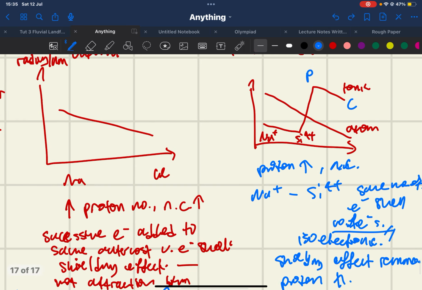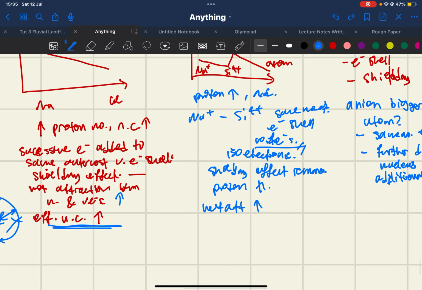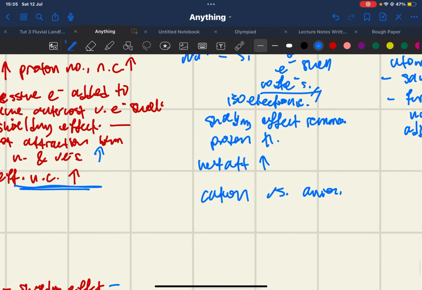Okay, now we compare cation versus anion. First of all, the cation has one less electron shell. Essentially the anion has one more electron shell than the cation.